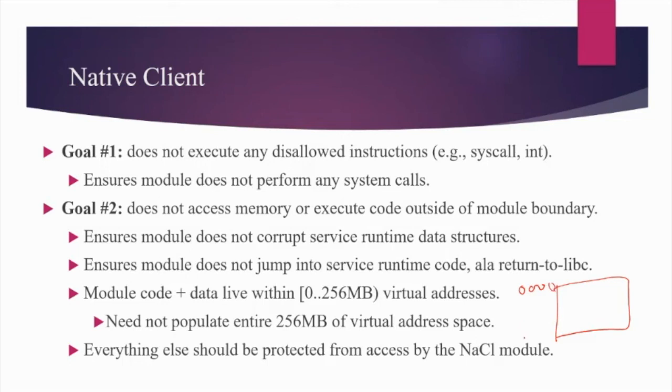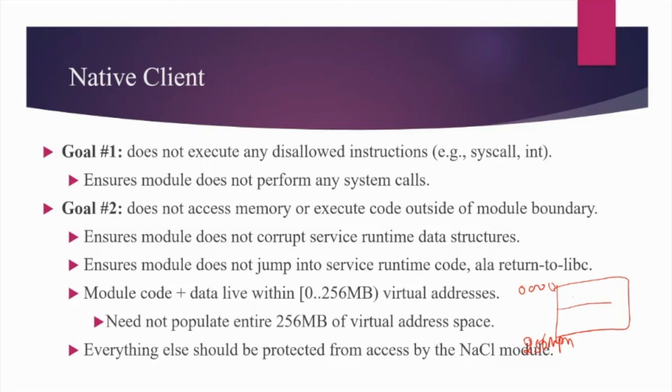So the address is still 0 to 256 MB, and the code part and the data part live within this range, right? As we did in SFI. Now, everything else should be protected from access by the native client module. Okay?